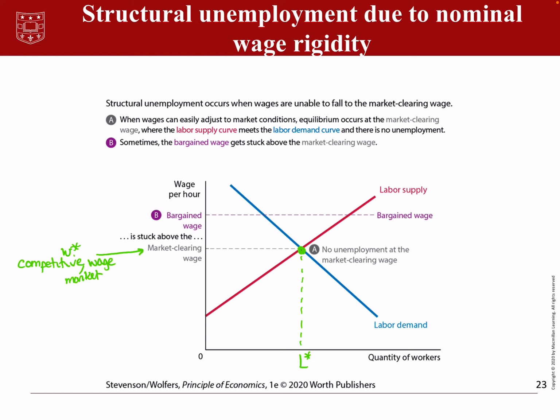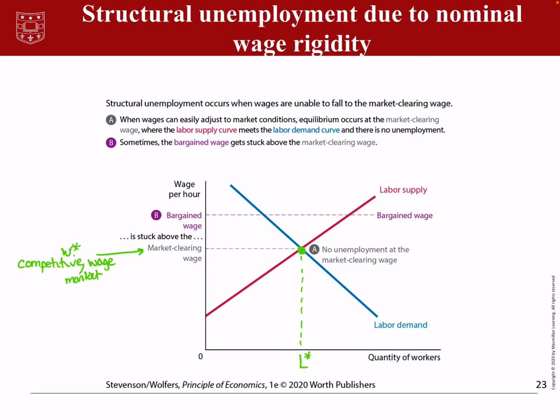So, in order to make sense of this, what we need to do is to suggest that sometimes the bargained wage gets stuck above the wage that would otherwise clear the labor market, or the one that we would think of as this W star.